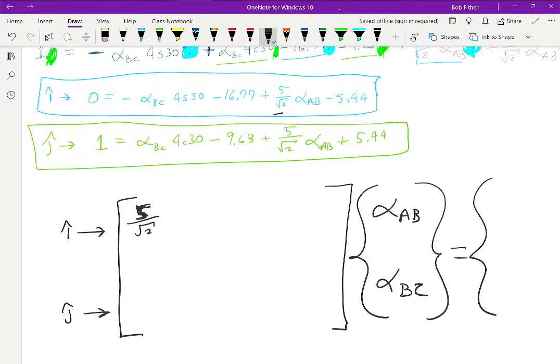Now look at all the coefficients of this term, alpha BC. That would be this term. It should be minus 4 sine of 30. And I'll go ahead and put it back in complete form.